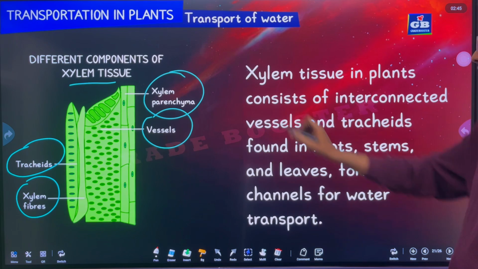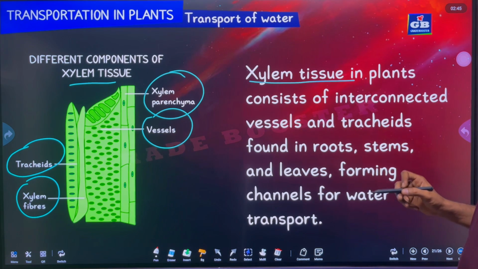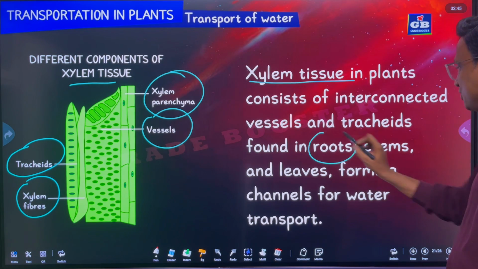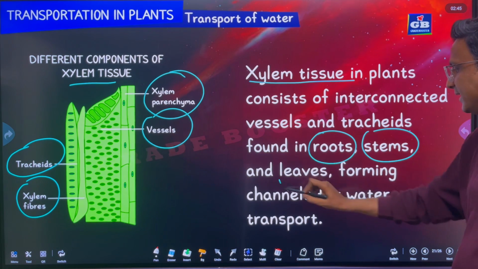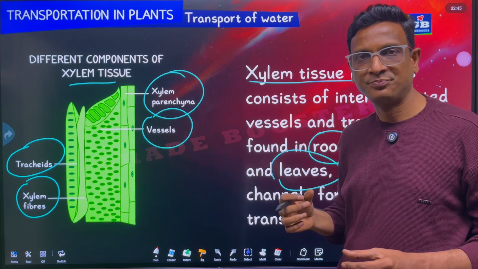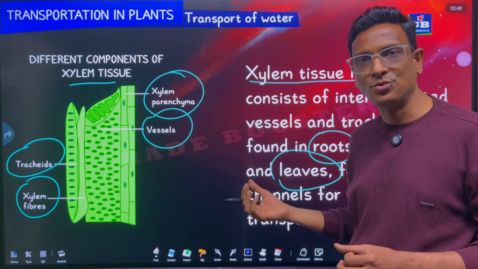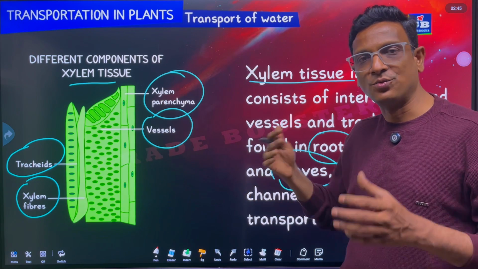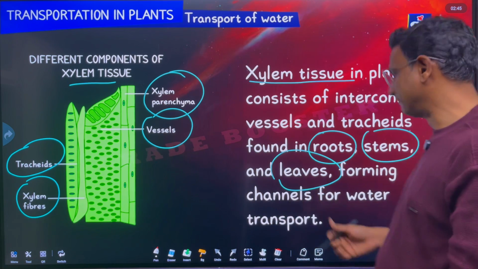The xylem tissue consists of interconnected vessels and tracheids found in the roots, stems and leaves, forming channels. So the water is supplied by this xylem.